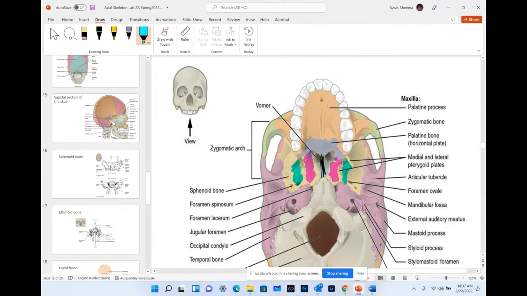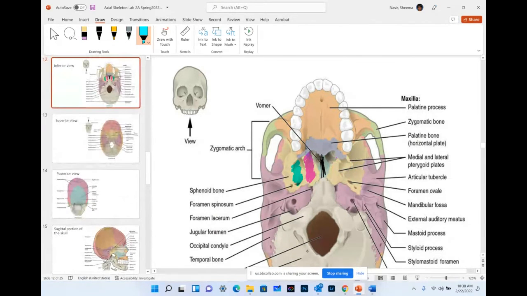The next thing we are going to look at is foramen ovale and foramen rotundum. You can see it from both sides. I'm going to show you on one side. You see this oval shaped foramen ovale.